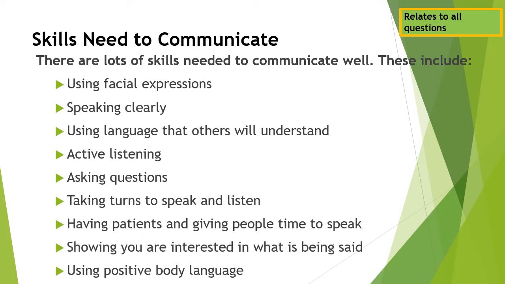If we're communicating with younger people, small children, you'll communicate in a manner that they will understand, as opposed to if we're talking to professionals or adults, we'll use different communication methods and different language to speak to them.